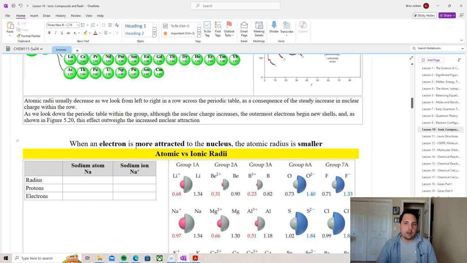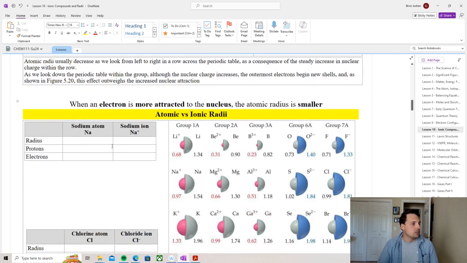And I think it's also important that we understand what the atomic radii of ions are. And when an electron is more attracted to the nucleus, we say that the atomic radius is smaller. So what happens when we remove an electron from an element?